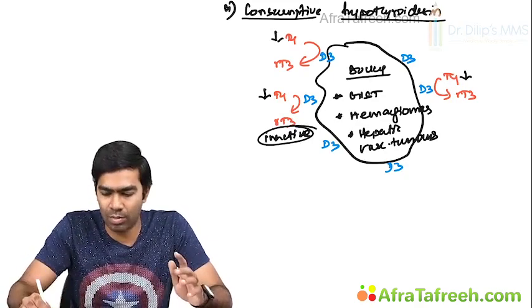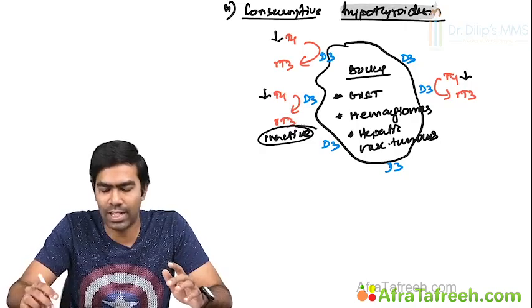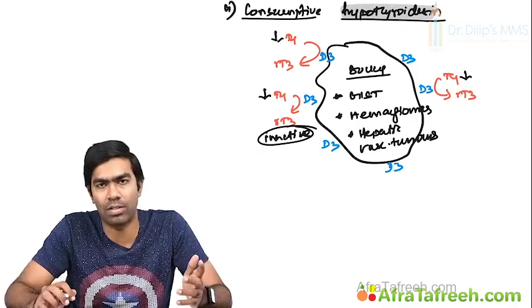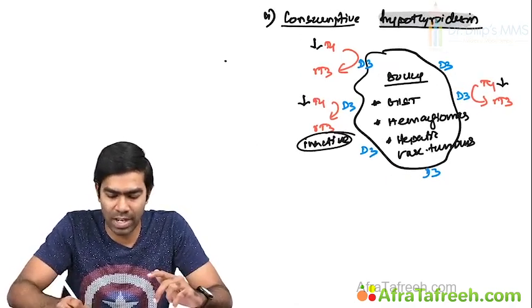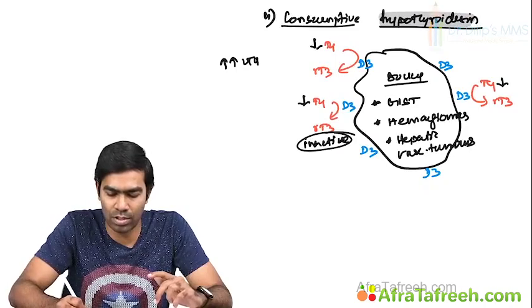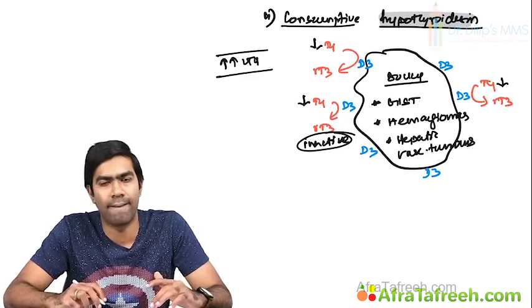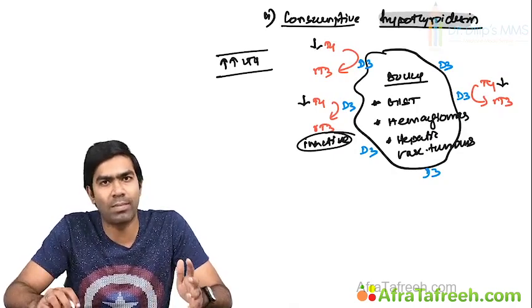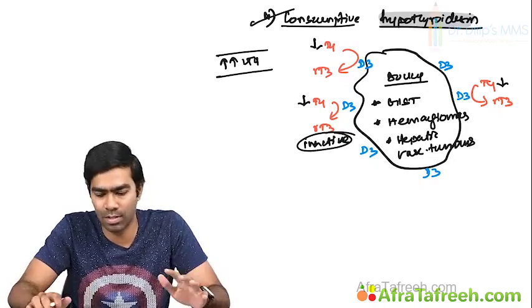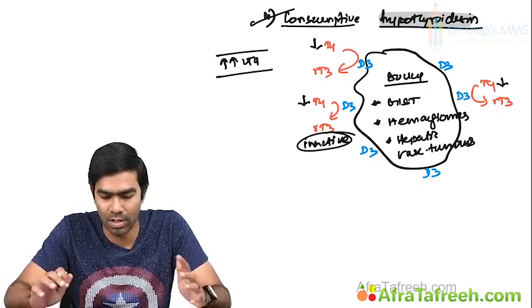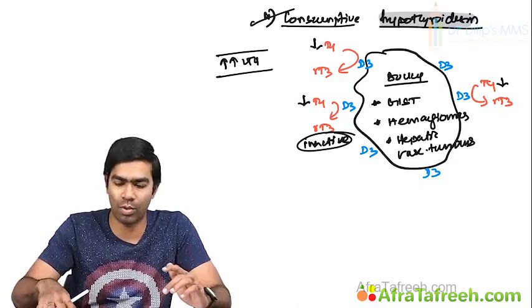So that is the reason why they produce hypothyroidism. That's why these cancers are using up the thyroxine, and that's why it's called consumptive hypothyroidism. And you need a very, very high dose of levothyroxine to treat these patients. And once you treat the primary malignancy and optimize the cancer, this hypothyroidism automatically resolves. So this is what we refer to as consumptive hypothyroidism. It's a new entity. We have to know that.